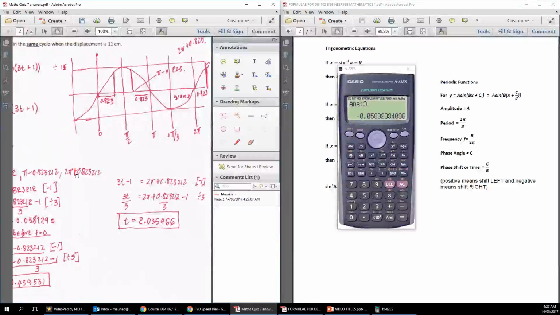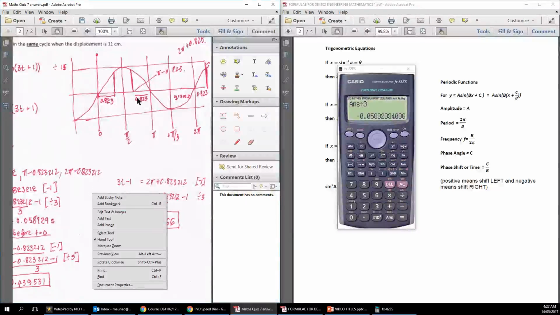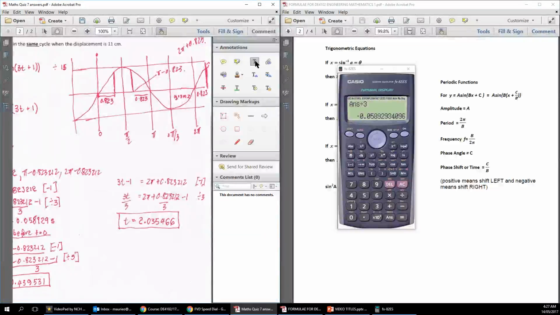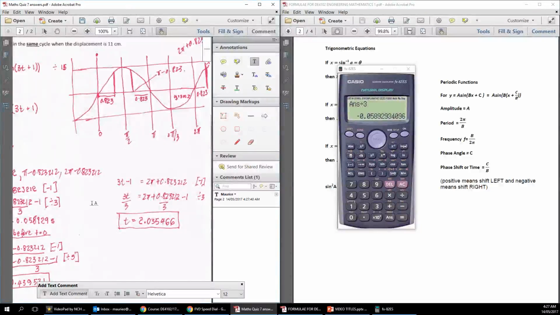Here it is here. I'm going to delete that, and I'm going to put some text in there instead. Just in there, I'll just put a plus. Plus. That's the one.